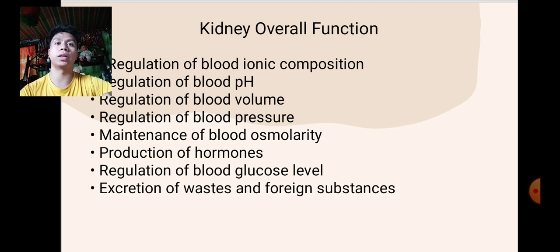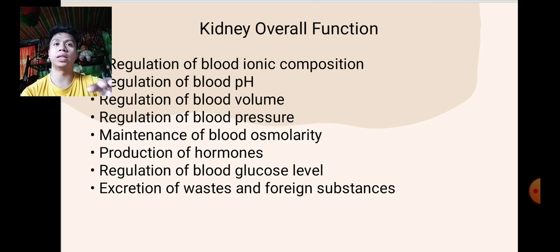And we have here the overall functions of our urinary system. Number one is the regulation of blood ionic composition. The kidneys do the major work of the urinary system, as we all know. The other parts mostly function as passageways, such as the ureters, or as storage areas, like the bladder.